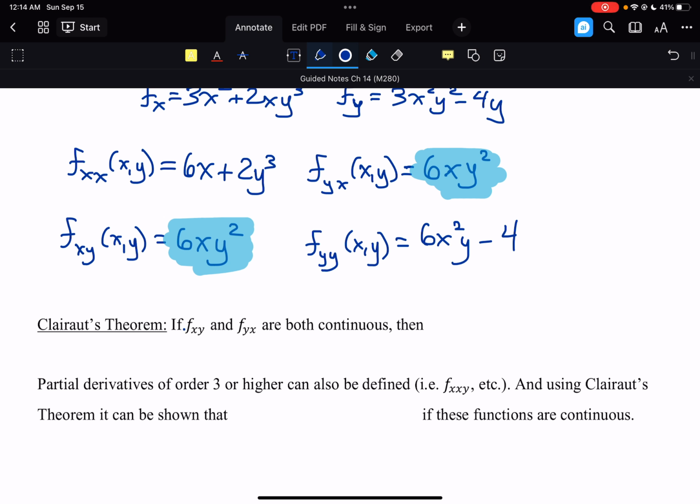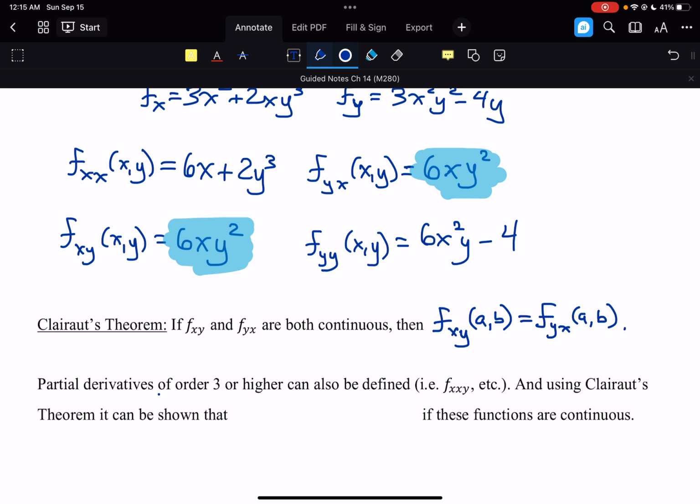Clairaut's theorem says if fxy and fyx are both continuous, then fxy at (a, b) is equal to fyx at (a, b). So this is really nice for us because that means that as long as the functions are continuous and their second-order partials are continuous, the order of partial differentiation will not matter. fxy, fyx, they will be the same thing.